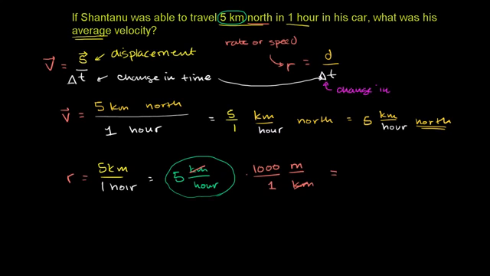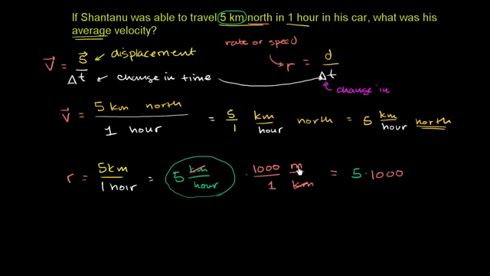And if you multiply, you get 5, and then the only unit you have in the numerator is meters. So you have 5 times 1,000. So I just multiplied the numbers. When you multiply something, you can switch around the order. Multiplication is commutative, I always have trouble pronouncing that, and associative.